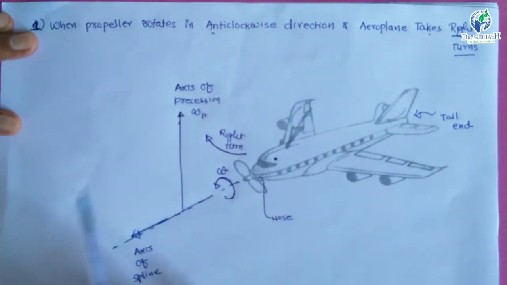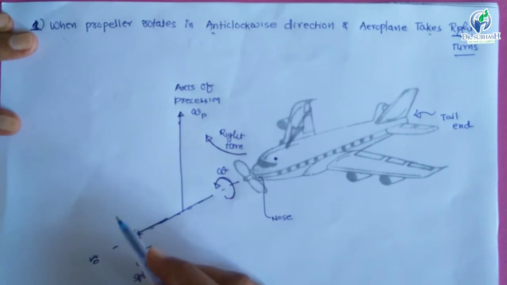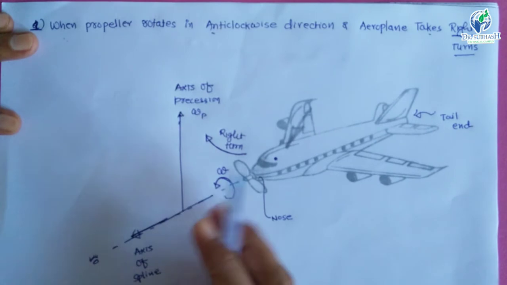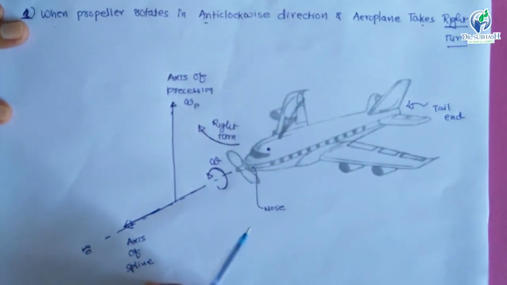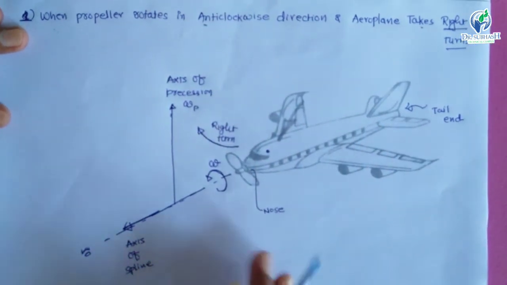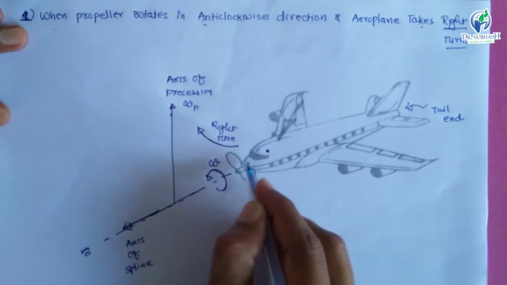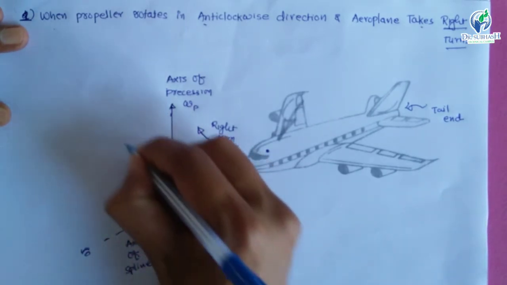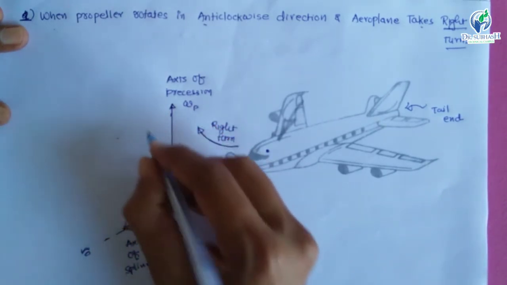Okay, so let us see the effect of gyroscopic couple in this case. First of all, our aeroplane is taking a right turn, so we know that the active gyroscopic couple will generate in this direction.